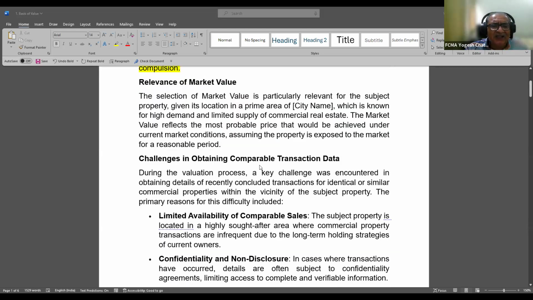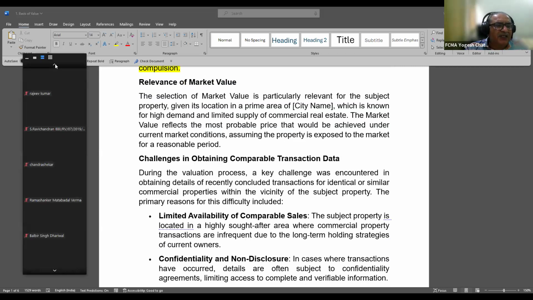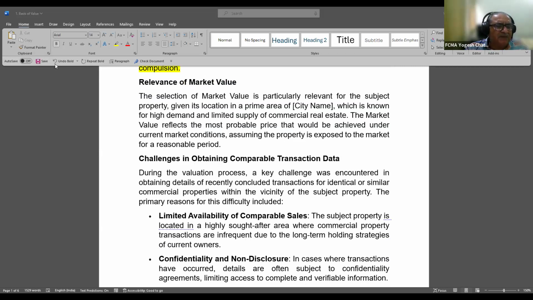So what are the challenges in obtaining comparable transaction data? As you all are aware, the market approach is a relative approach of valuation, based on comparables, based on multiples. And the market approach is based on the fundamental economic principle, the theory of price equilibrium. What is the theory of price equilibrium?